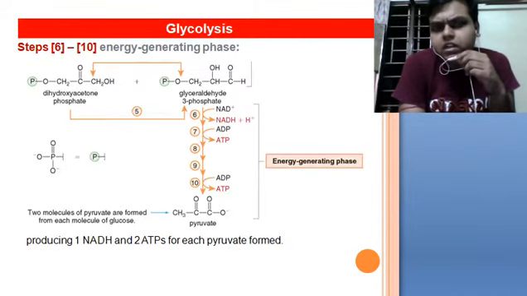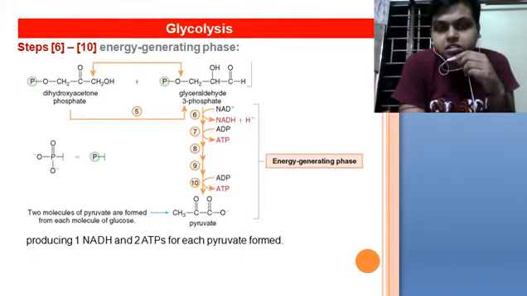Steps 6, 7, 8, 9 and 10 are termed the energy generating phase, meaning ATP molecules are synthesized by these reactions. From step 4 we get two molecules of a type of triose.